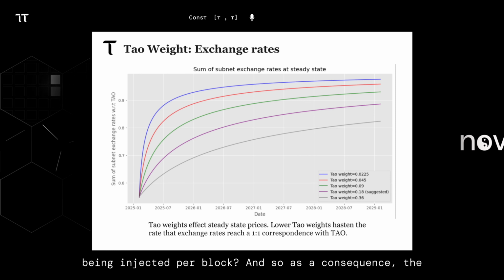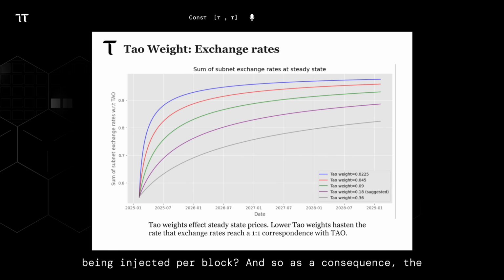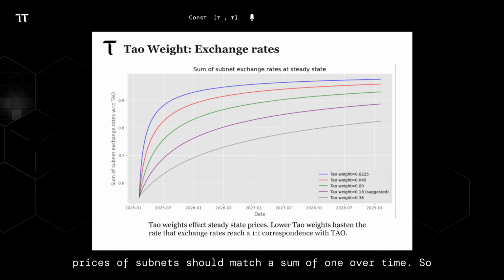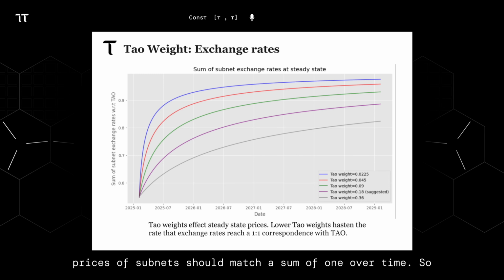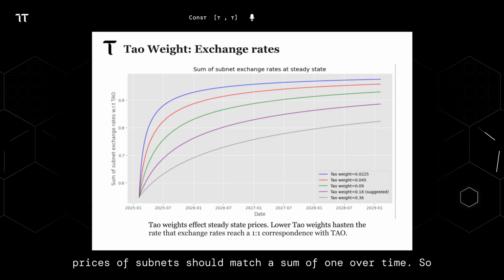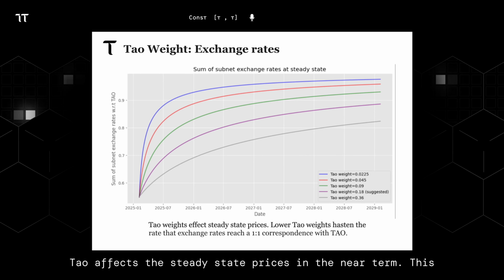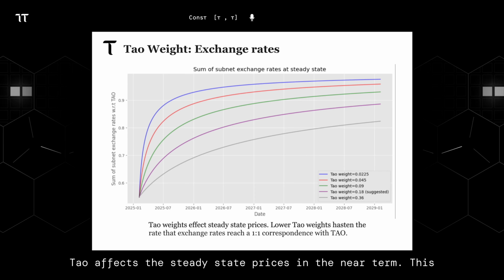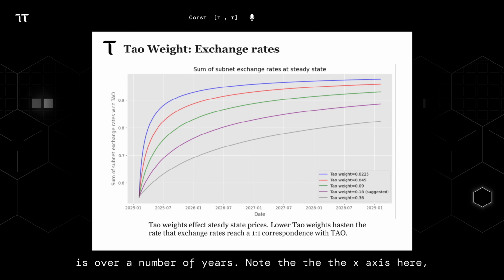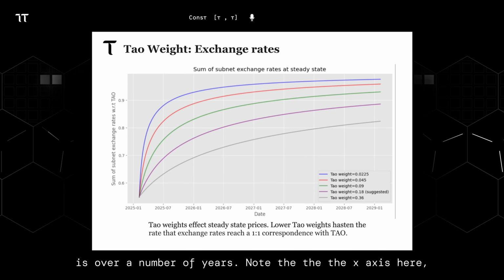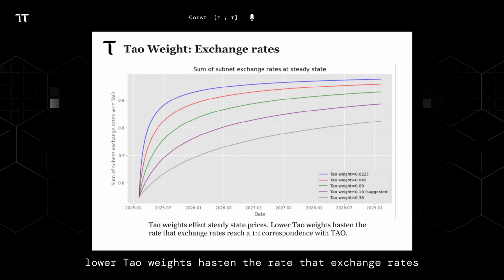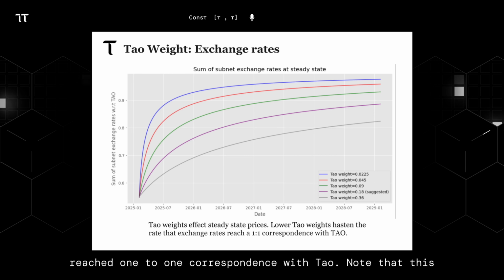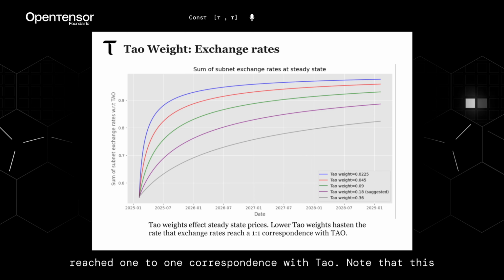There's 1 tau being injected per block, and so as a consequence, the prices of subnets should match a sum of 1 over time. So tau weight affects steady state prices in the near term. This is over a number of years. Note the x-axis here. Lower tau weights hasten the rate that exchange rates reach 1-to-1 correspondence with tau.